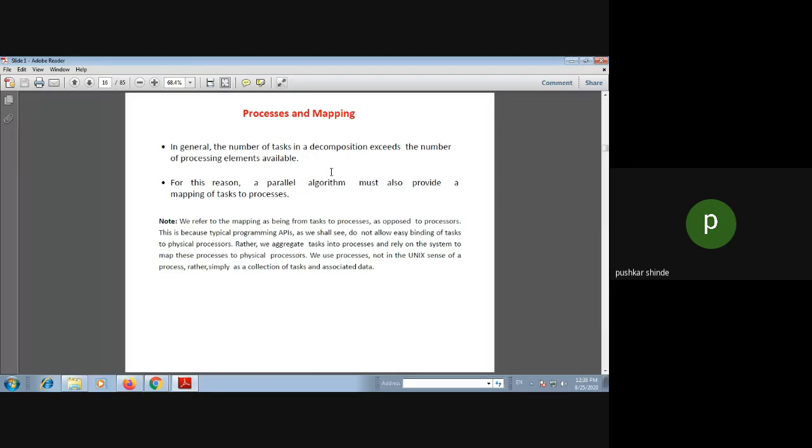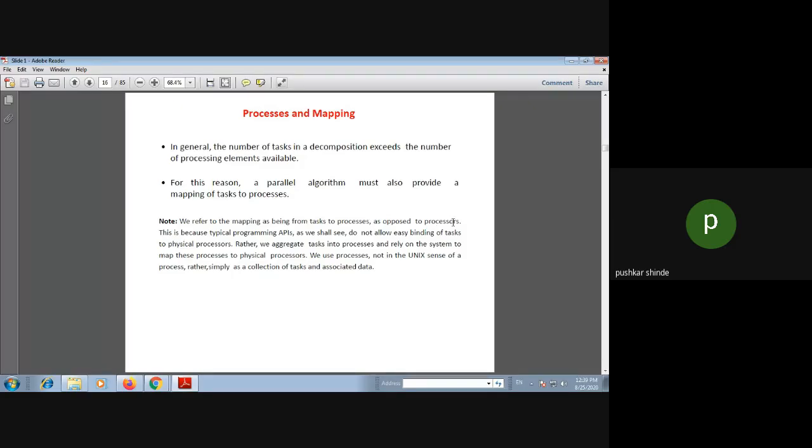For this reason, a parallel algorithm must also provide a mapping of tasks to processes. So task to process mapping is done in parallel platforms. We refer to the mapping as being from tasks to processes as opposed to processors.